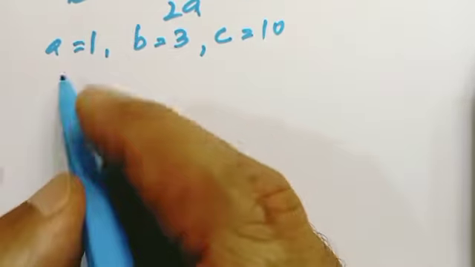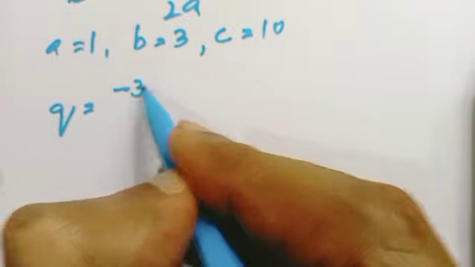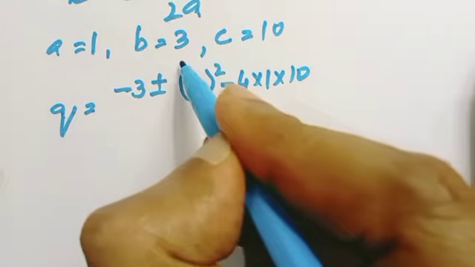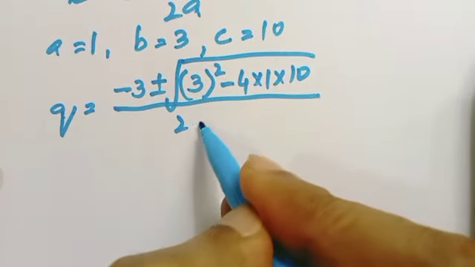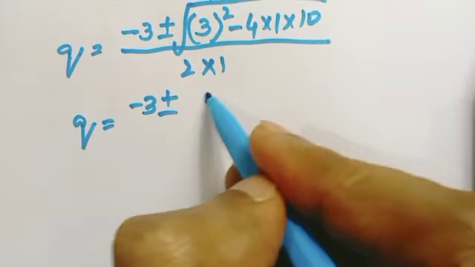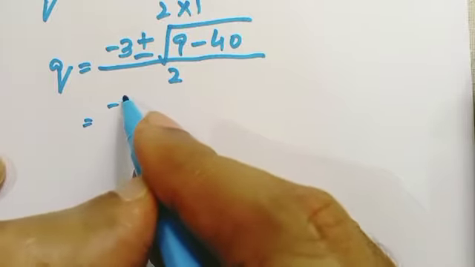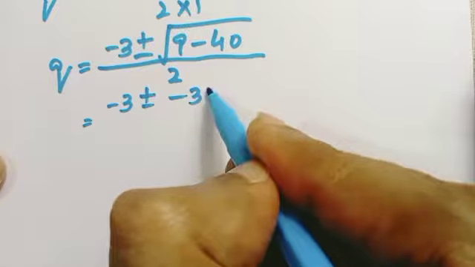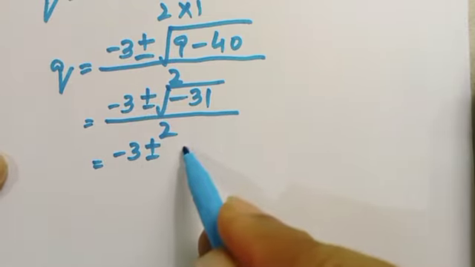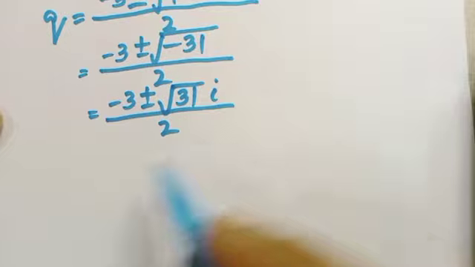Putting these values in the formula, q = (-3 ± √(3^2 - 4·1·10)) / (2·1), so q = (-3 ± √(9 - 40)) / 2 = (-3 ± √-31) / 2. The square root of minus one is iota, so it is an imaginary value.